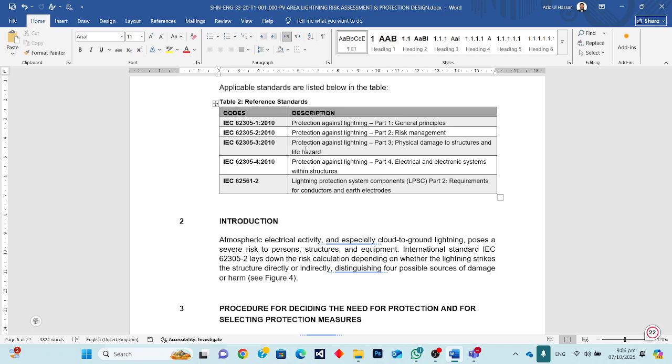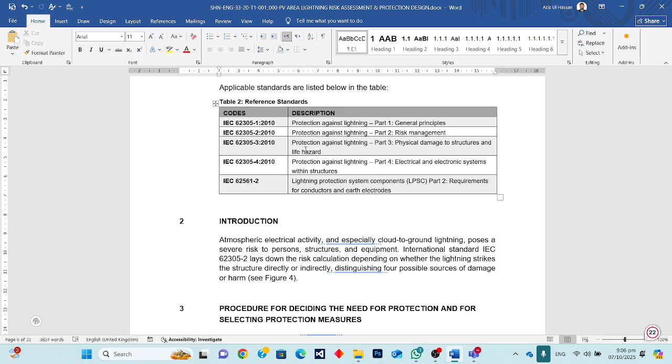And the other IEC standard is related to the components, like the conductor size and the cross-sectional area of the structure, which we will use as the path for the lightning current to follow and be grounded.